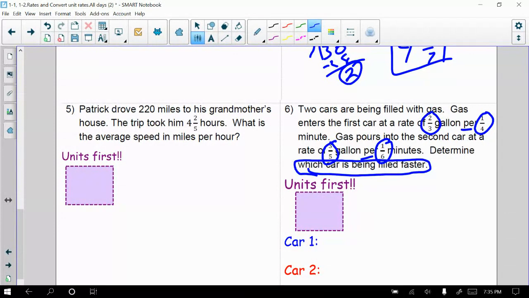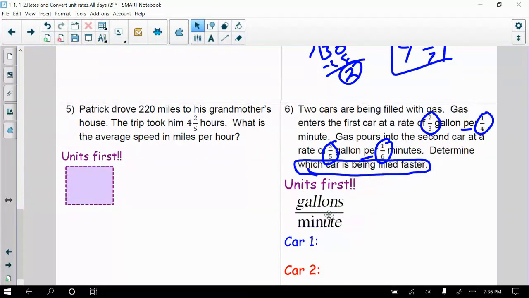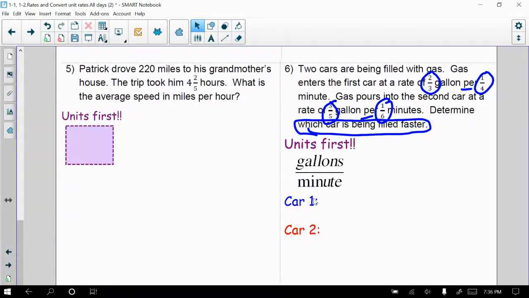Okay, so we actually have to do two different ratios because we are comparing to find out which one is faster. Both of them will be written as gallons over your minutes. So notice I have already two different parts set up for car 1 and car 2.